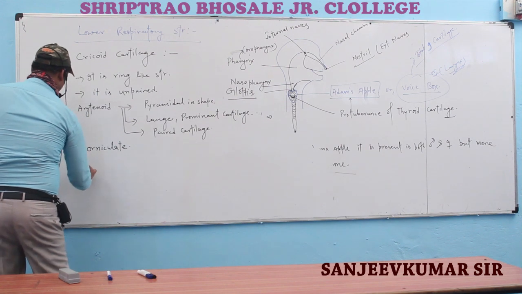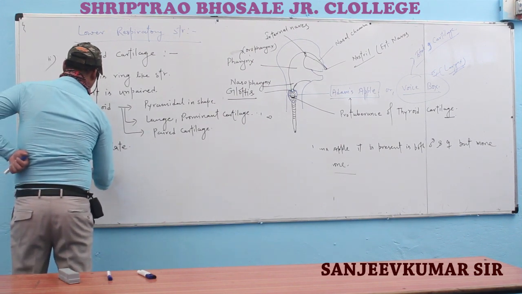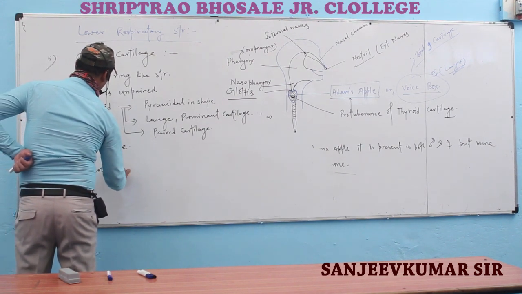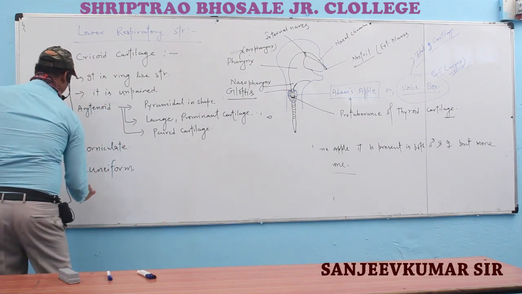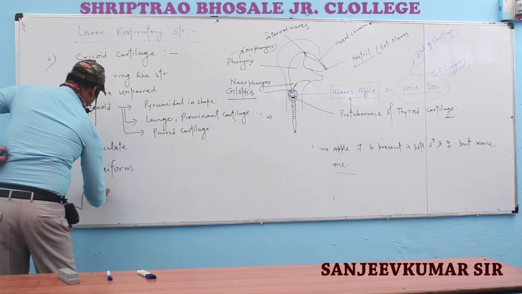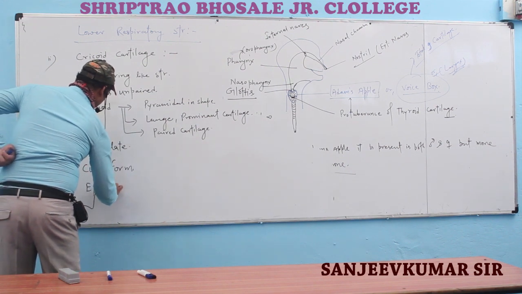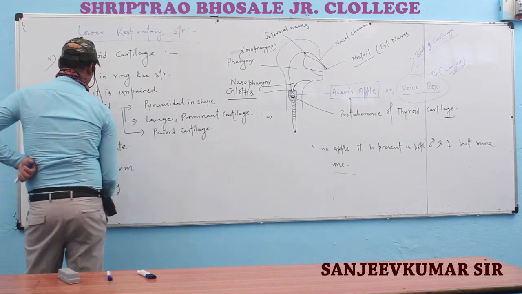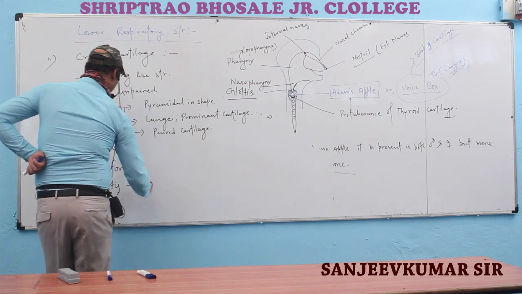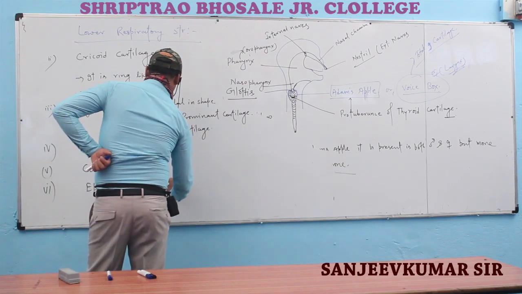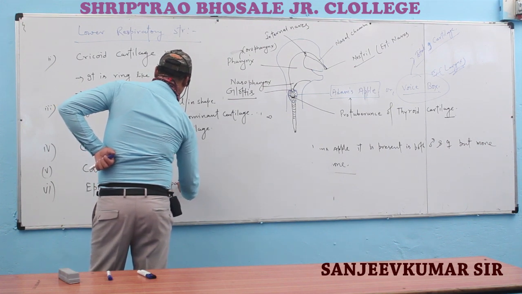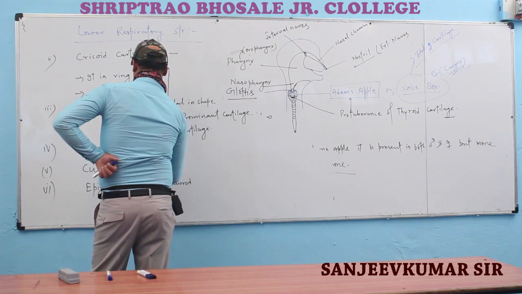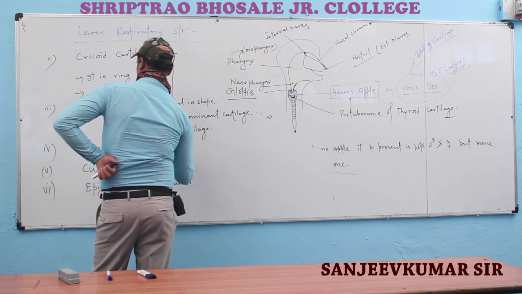Fifth one is cuneiform. Sixth one is epiglottis, which is again unpaired, and these two are paired.